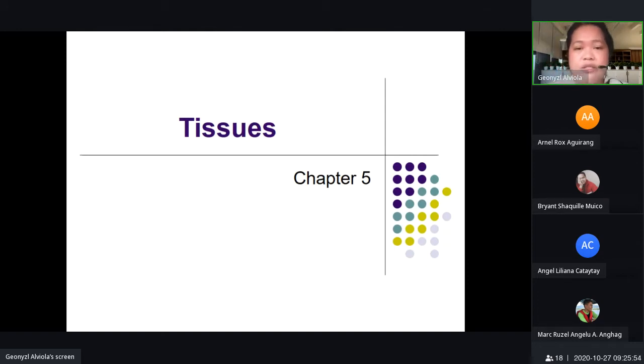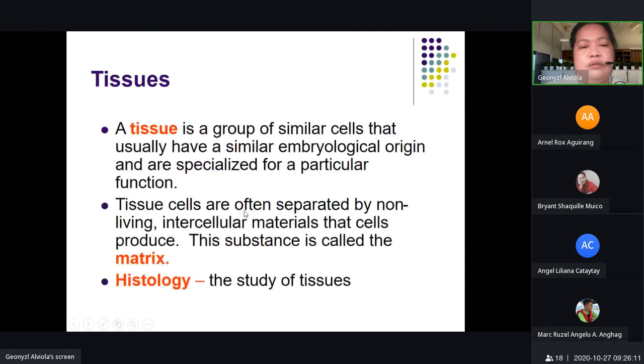Okay, actually sa libro na other references, it is chapter 5. But in Harley and Miller, it is chapter 3. Tissues are a group of similar cells that usually have similar embryological origin, and they are performing a specialized task.